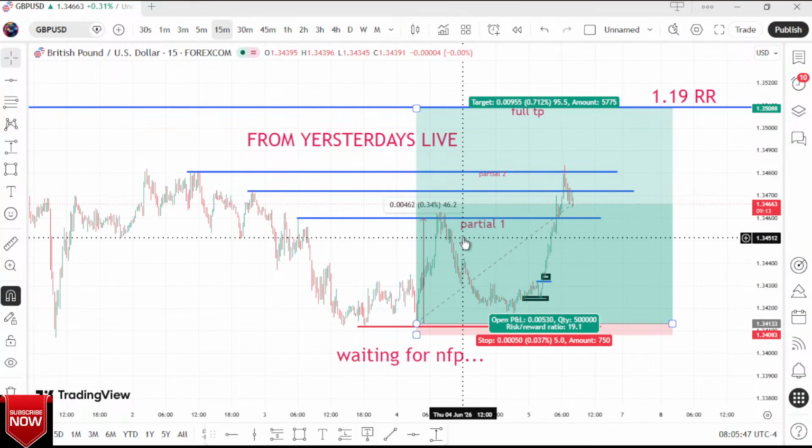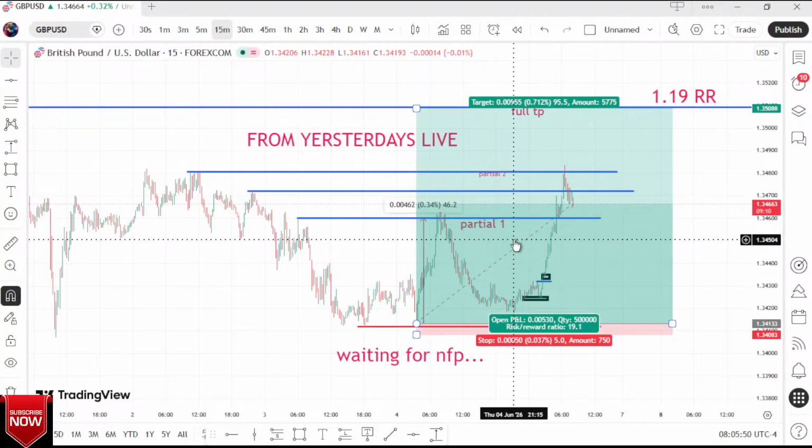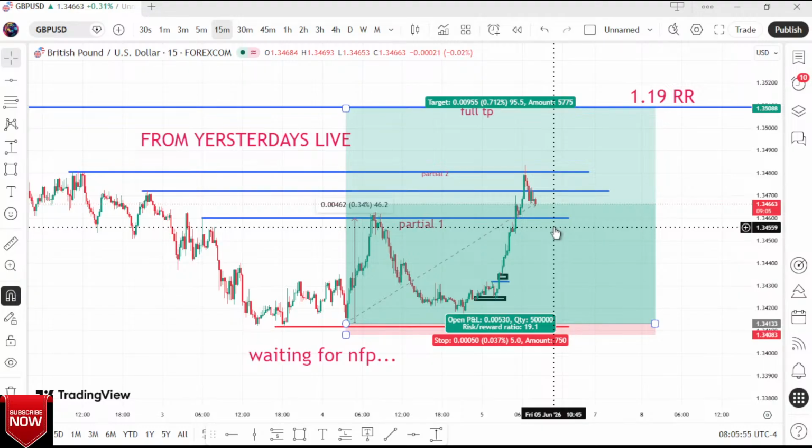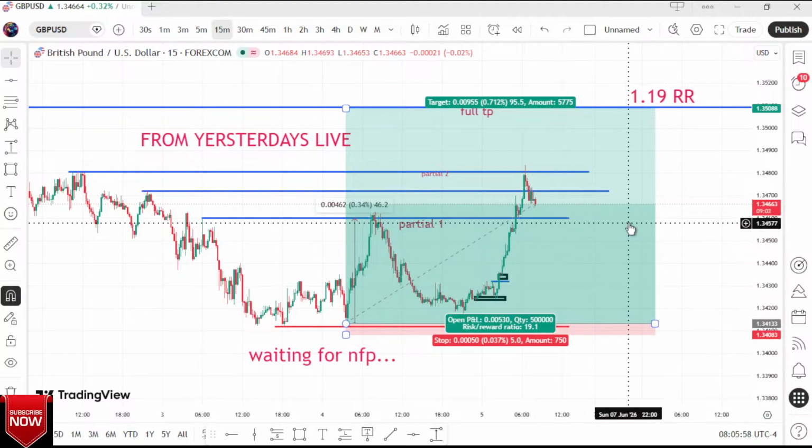See there, this is actually a swing trade setup. Actually expecting more bullish prices, more than today's data.